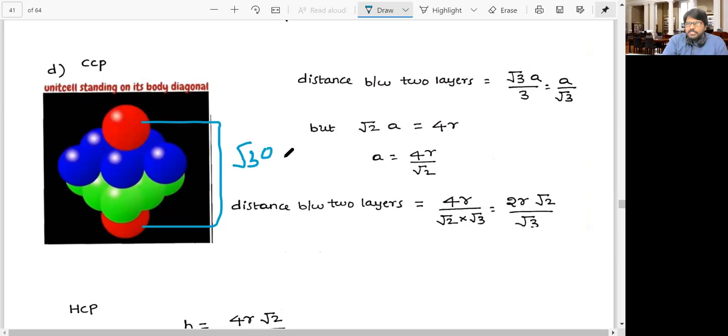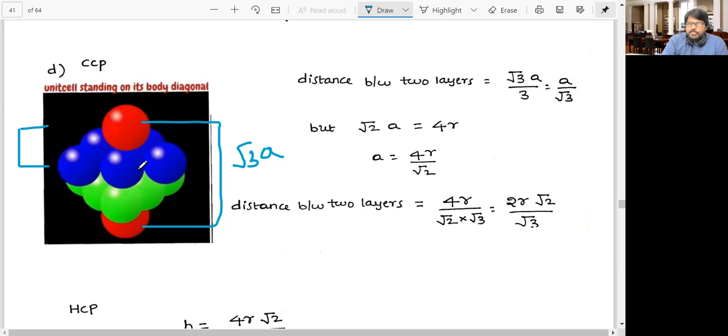Understand it in a proper way, root 3 a. Now he's asking this vertical distance. So divide that into 3 parts: part 1 between the first layer and second layer, part 2 between the second layer and third layer, part 3 between the third layer and fourth layer. So here the unit cell is standing on its body diagonal.